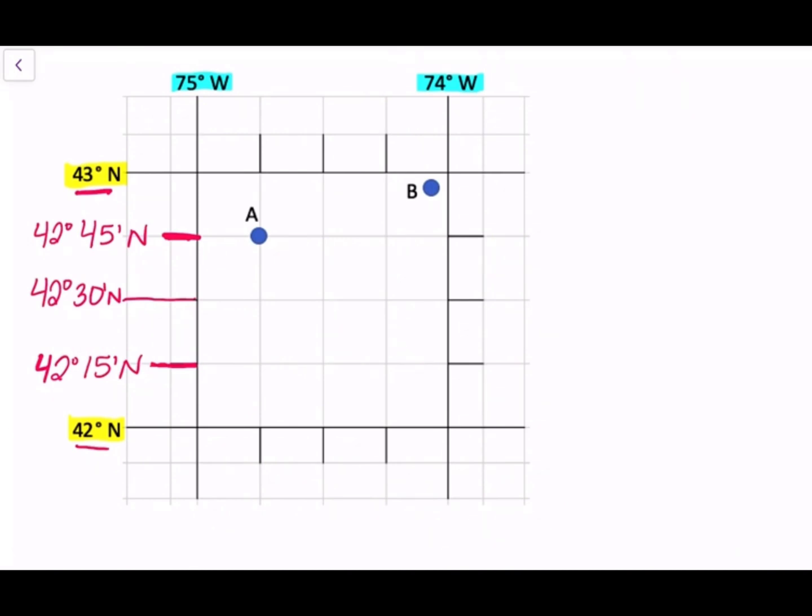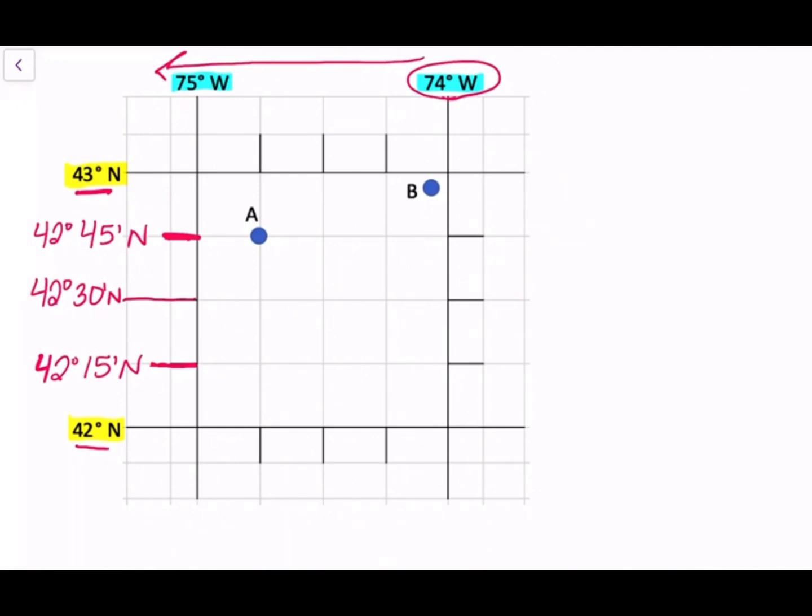Let's do the same thing for the longitude. Here, I'm starting with 74. And notice I'm going to be working this way because my numbers increase as I move to the left because I'm in the Western Hemisphere. Be careful, that can trick students up.